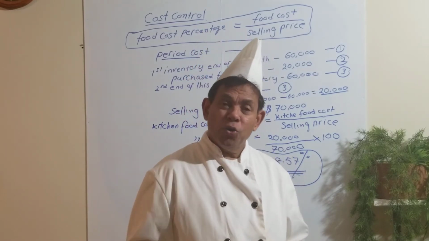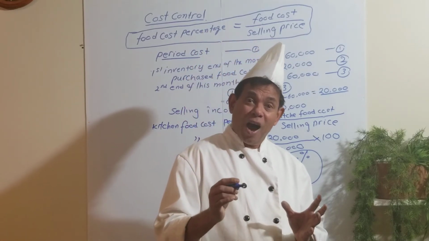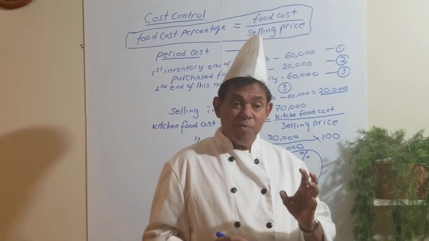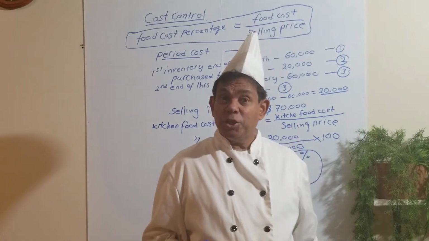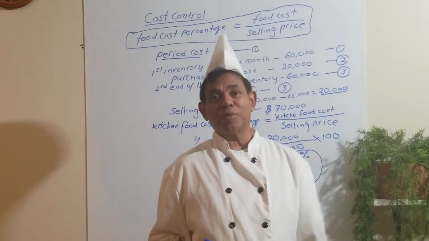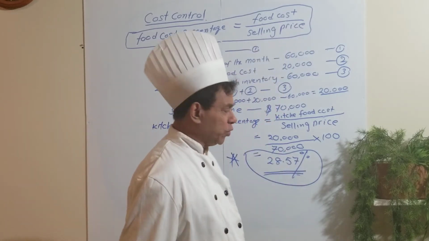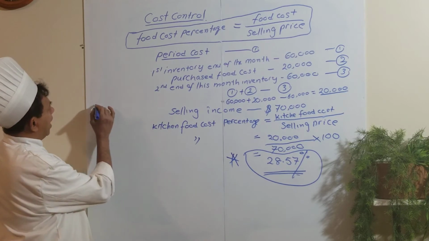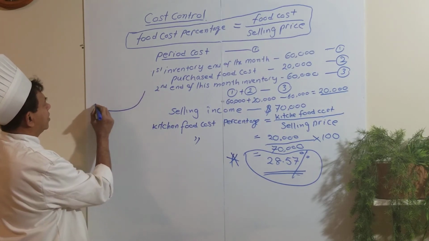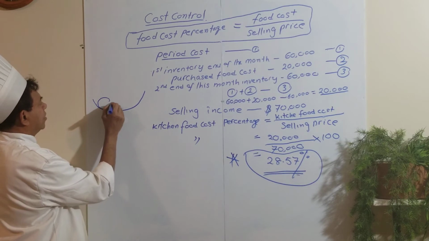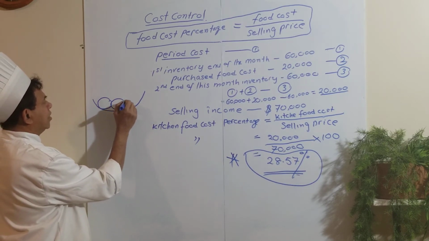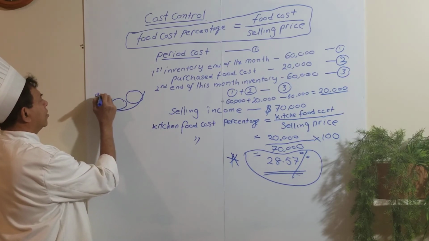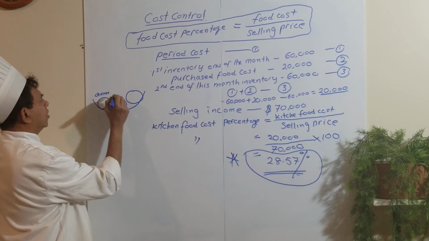So now I'm going to show you how I calculate the food cost of selling price. Selling price I have to give to the management to charge from the customer. Now I'm going to show you that. Let's think about it. I prepare a plate. I plate here. I put chicken here, vegetable here, my starch here. This is chicken. This is vegetable.